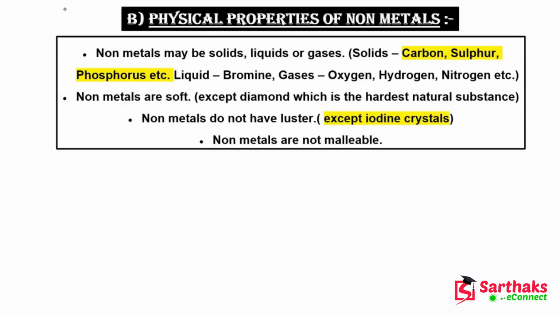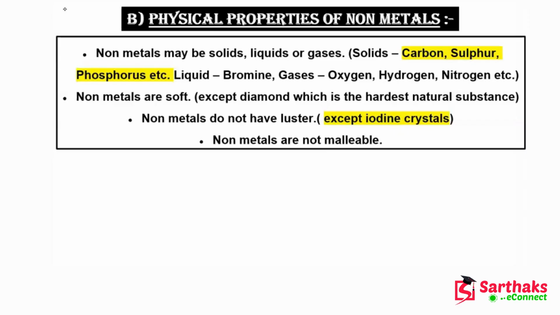If you are asked what are some non-metals found in solid state, you will say carbon, sulfur, and phosphorus. These are the non-metals found in solid state.